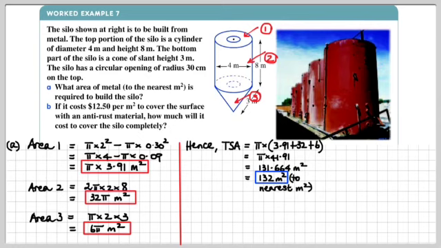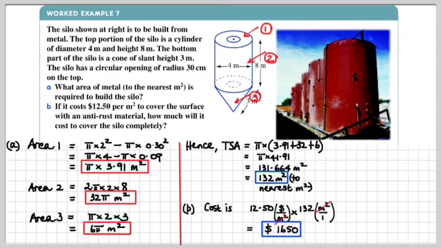So wouldn't you multiply the number of square metres by the cost for every one of those square metres? I think so. So we do the same thing here in part B. So the cost is $12.50 for every square metre times the number of square metres, which is 1,650. So there's your answer, guys.